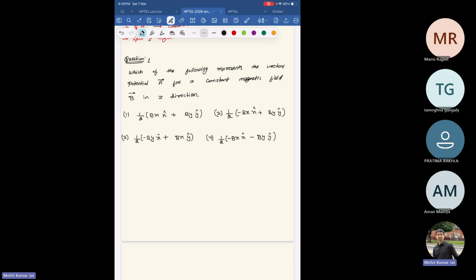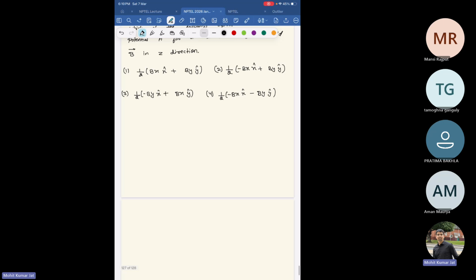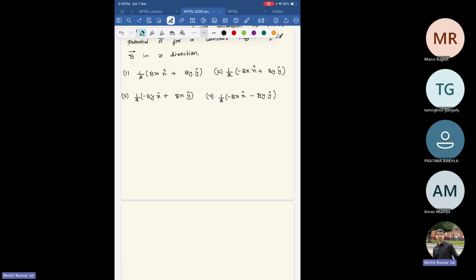And to solve this problem, first we have to know the relation between the vector potential A and the magnetic field B. So this is the solution part.